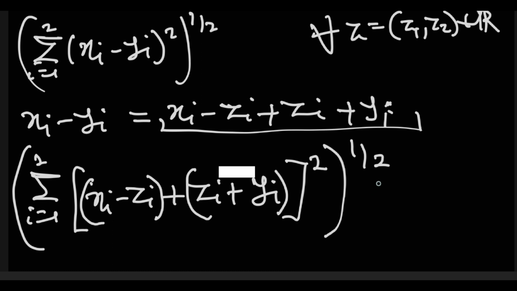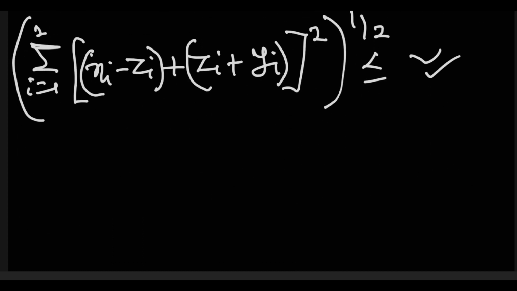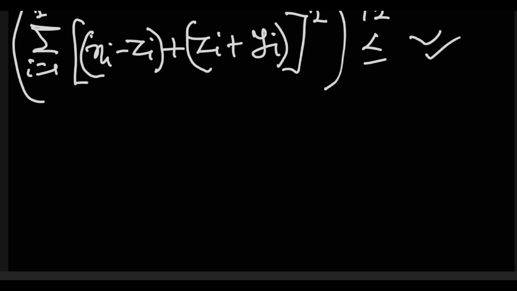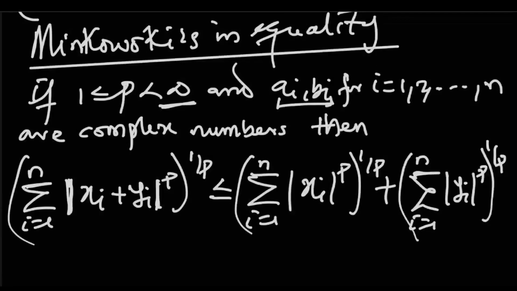We want to break this down, right? We know that this will be less than or equal to some expression, so let us introduce this. This is the statement of Minkowski's inequality. We have p needs to be equal to 1 or greater than 1, and less than infinity. In our case, p is equal to 2. Then we have ai, bi, which is our xi minus zi and zi minus yi.